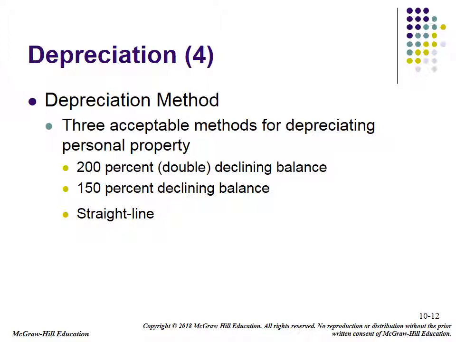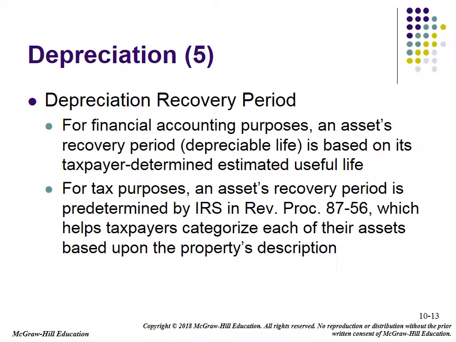So if you don't want to use an accelerated method of depreciation, if you want to spread out that cost evenly, basically, you can use straight line for personal property. We're not really going to deal with straight line because most people use 200% declining balance.